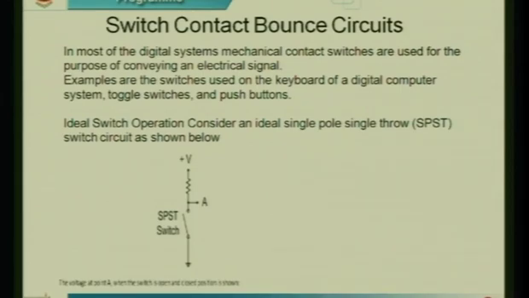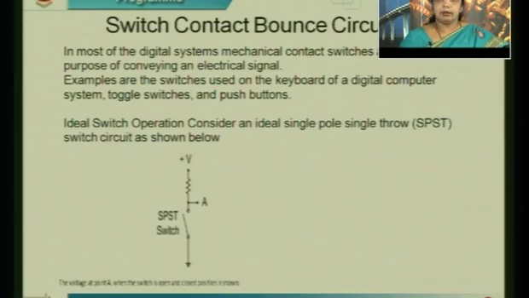The switch can be used on a keyboard or a computer, or it can be a toggle switch or a push button. So I press or I release, either I can make it on or off, by pressing the particular switch. What exactly happens with the internal operation of the switch, how exactly does it operate?